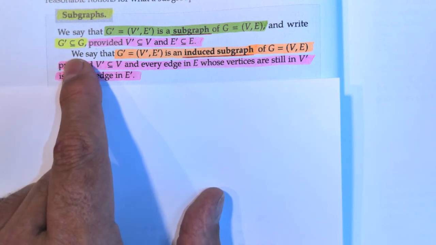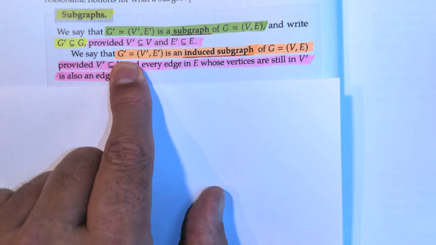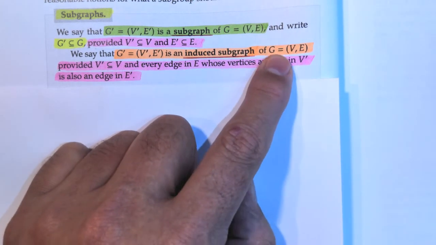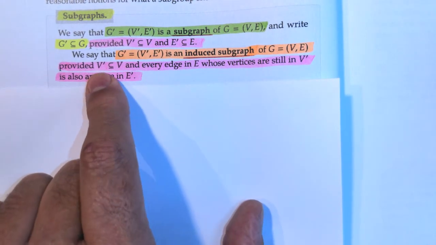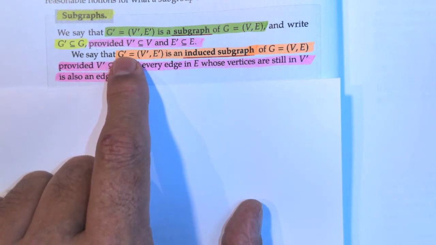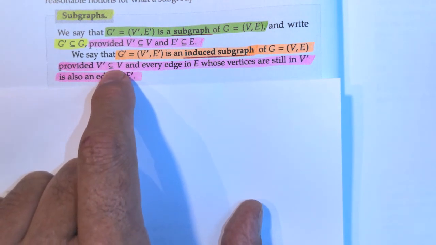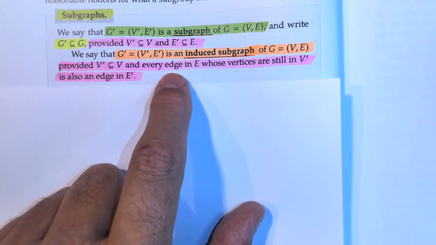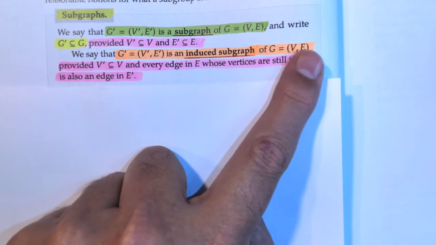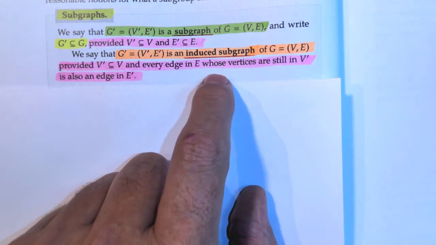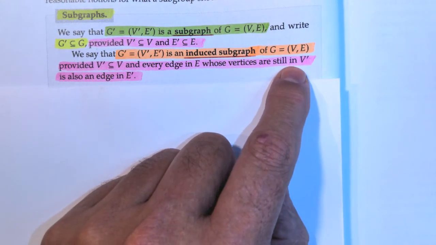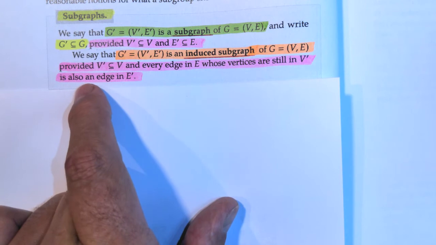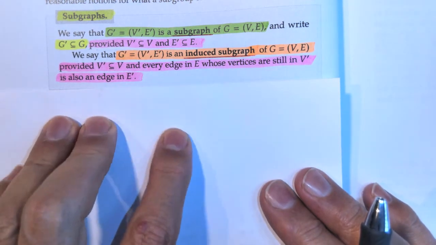He says, we say that G prime is an induced subgraph of G provided that the vertices in G prime are a subset of the vertices V in G, and every edge in E, in other words in the original graph, whose vertices are still in V prime, is also an edge in E prime.